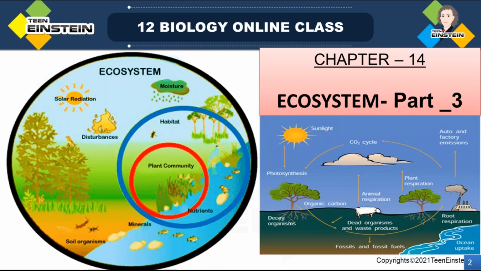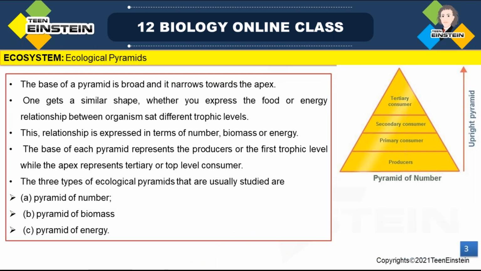We learned the 10% law of energy transfer, and then we learned about food web. So in today's class, we are going to learn the next topic in the same chapter, that is ecological pyramids.